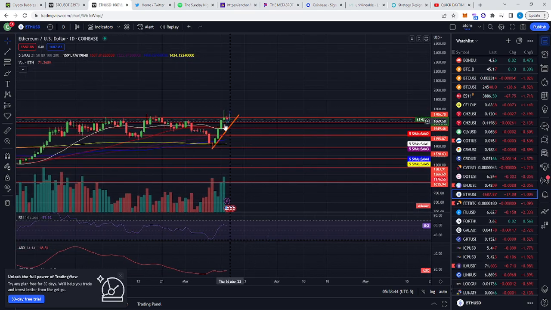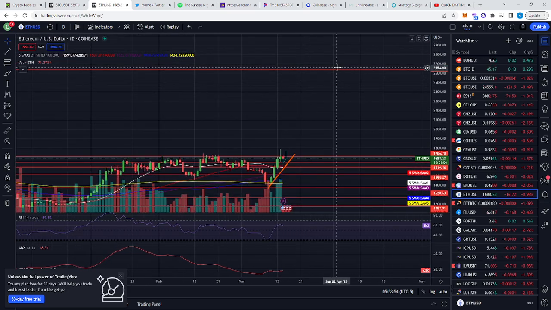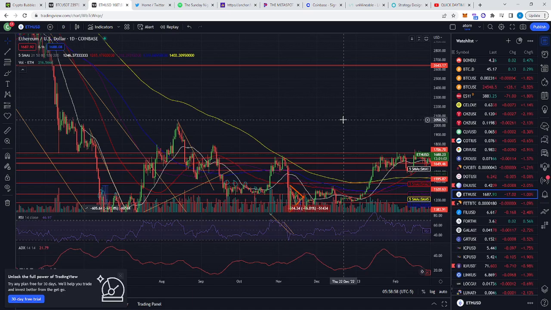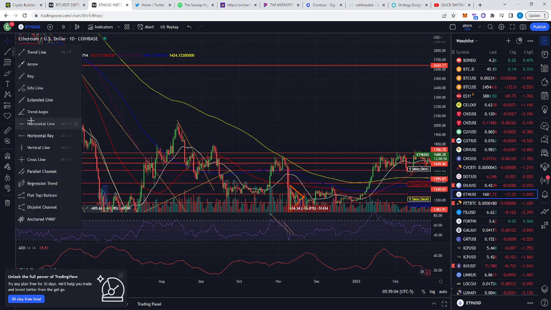Okay, look at that on the daily. As you can see, on the daily you have an upward trend. So it needs to break through this resistance. The next resistance will be somewhere around 2058, something along those lines. But you need Ethereum to break that resistance.